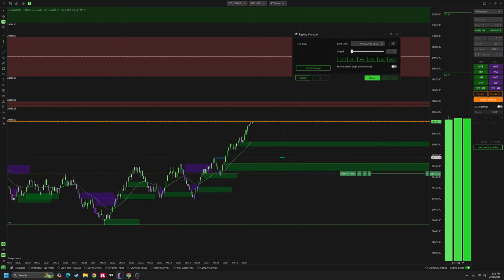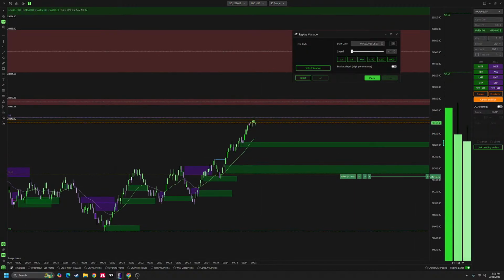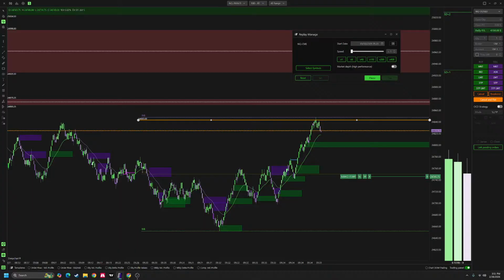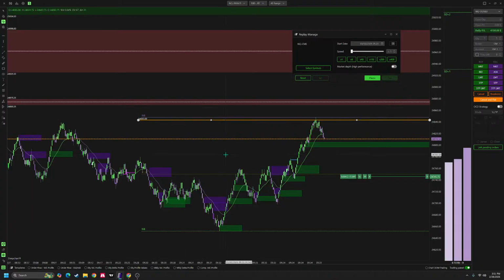We haven't returned to this zone yet, but we did bounce off of this small green zone and then continue to impulse and extend higher. Lots of aggressive buying here, but notice how price is starting to stall out. And this is at a level that we had marked, right? I think this was an exhaustion level maybe.